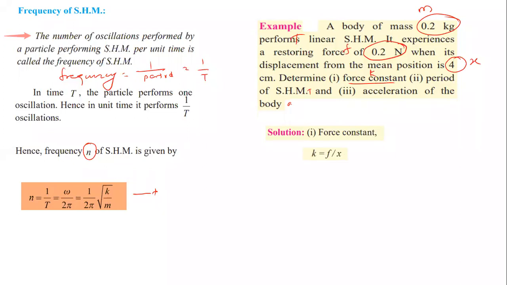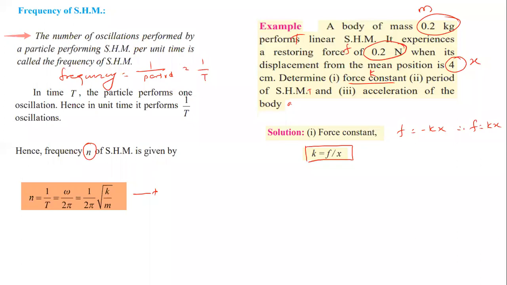First we write the formula of force constant. So F is equal to minus Kx, this formula you know. But we are considering only the magnitude, so no need to put the minus sign. By using that formula, F is equal to Kx, so K is equal to F by x.